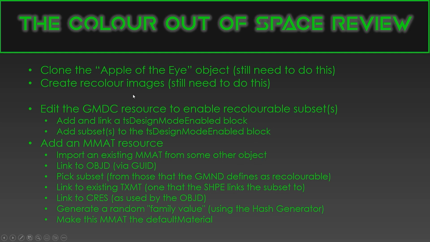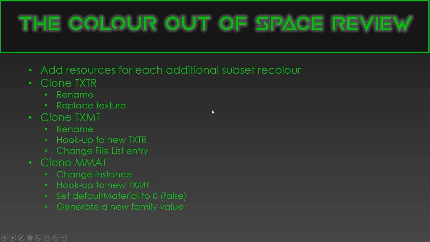So that was creating the object and making it initially recolorable. Once you've done that, then for each recolor you want, blue, green, red, purple, you've got to clone the texture, clone the TXMAT, clone an MMAT, change all the instances, hook all these up using the correct names, remembering whether they have underscore TXMAT or underscore texture on the end of things.